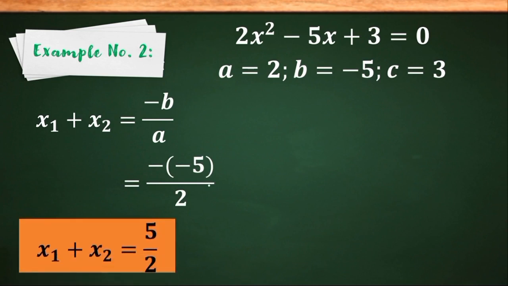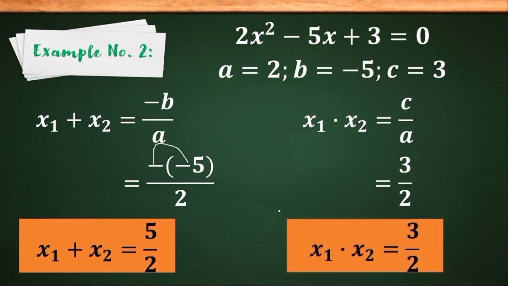And the sum of the roots is 5 over 2 because negative times negative is positive. Let's get the product of the roots by using c over a. And c is 3 and a is 2. This cannot be simplified. That's why the product of the roots is equal to 3 over 2.